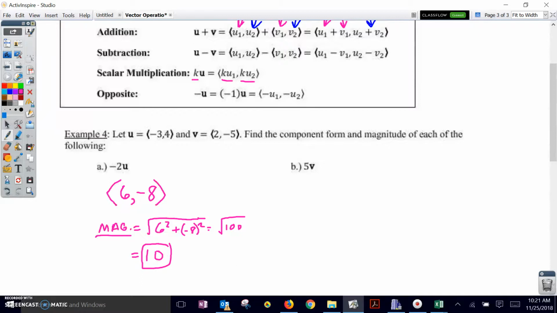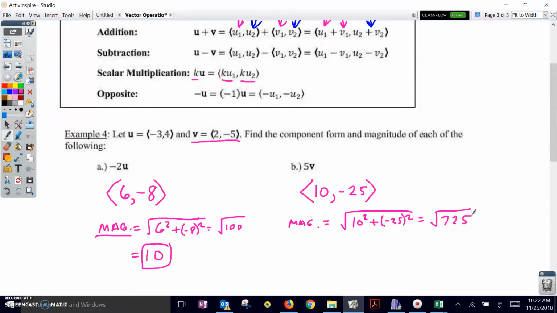Alright, part B. 5v. First we will find the component form. We'll take the vector v and multiply its components by 5. And so the component form of 5v is going to be <10, -25>. The magnitude of this vector is going to be equal to the square root of 10 squared plus -25 squared, which is going to be equal to the square root of 725, a touch shy of 27.